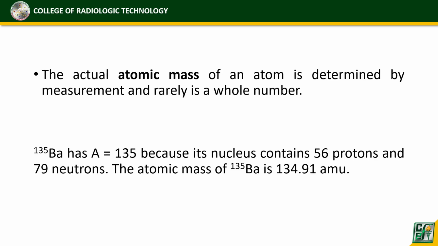So mamaya bigyan natin ng example yan. So yan, ito yung example. Katulad ng barium. Okay? So barium, the isotope barium-135, okay? Barium-135 has an atomic mass number of 135 because its nucleus contains 56 protons. Okay, so 56 yung kanyang atomic number. Okay, and 79 neutrons.